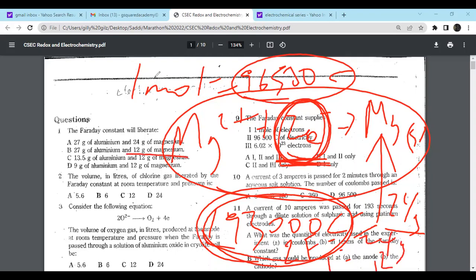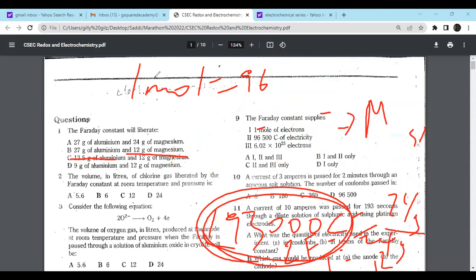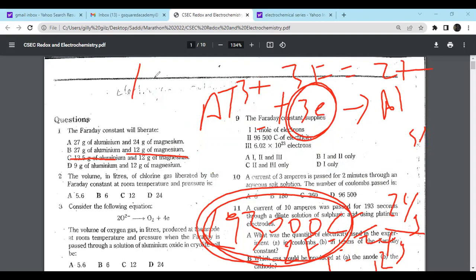But the aluminum is not fine because aluminum is Al3+, plus 3 electrons to produce Al. So 3 Faradays would be equal to 27 grams, because aluminum has a molar mass of 27 grams. And they're saying 1 Faraday, so that's not right either. So B would not be right.